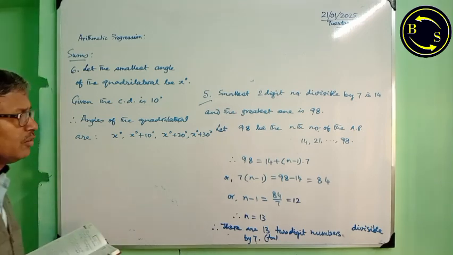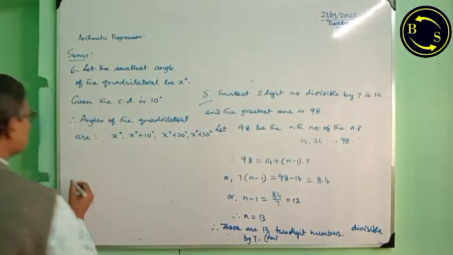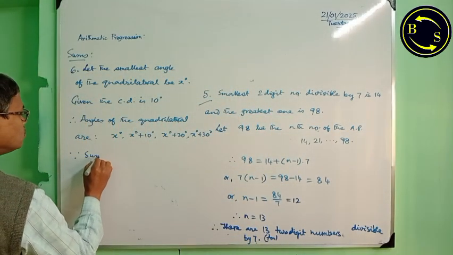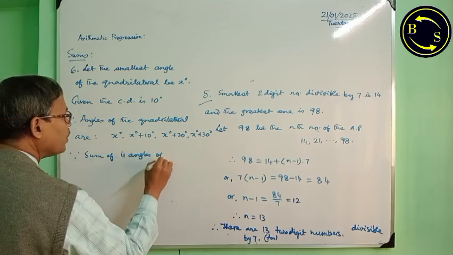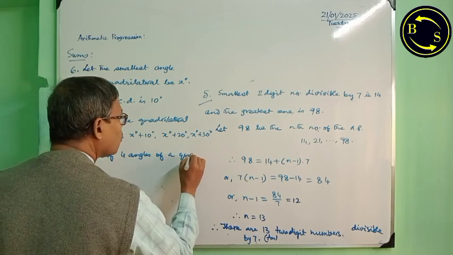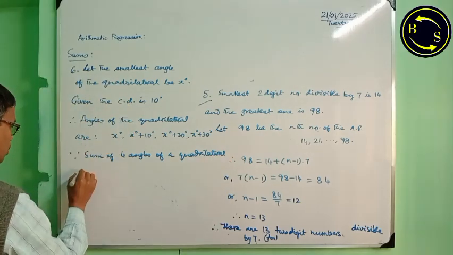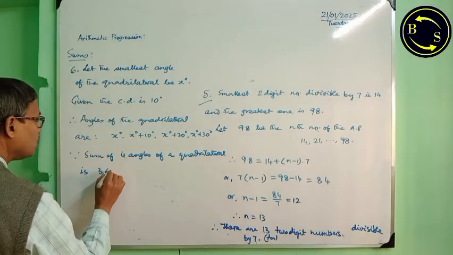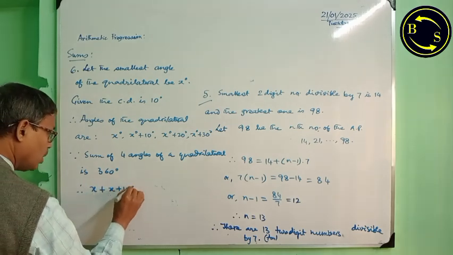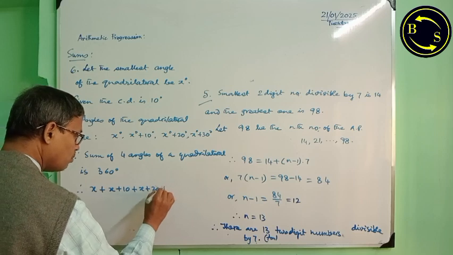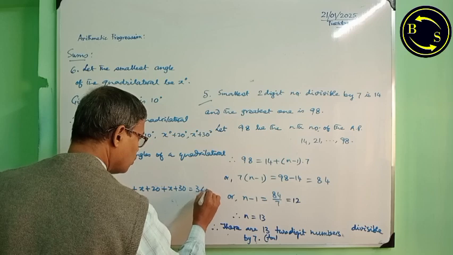4 angles are there, and we know the sum of the 4 angles of a quadrilateral is 360 degree. Since sum of 4 angles of a quadrilateral is 360 degree, therefore x plus x plus 10, x plus 20 plus x plus 30 is equal to 360.